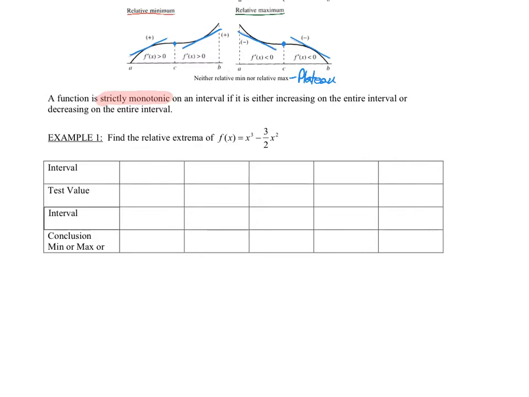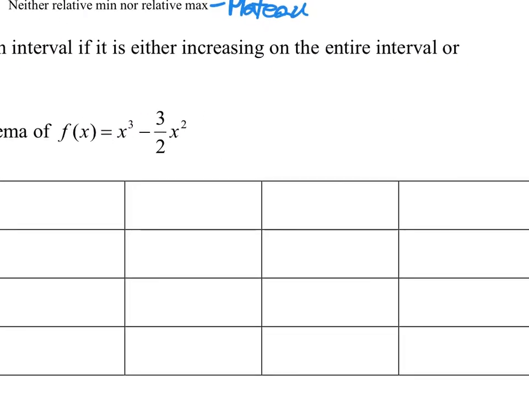Okay, so in this case, let me get off of the highlighter. There we go. So f prime of x is 3x squared minus 3x, and this equals 0.